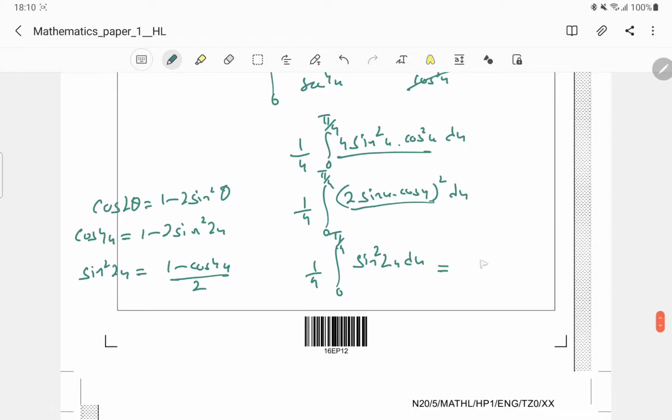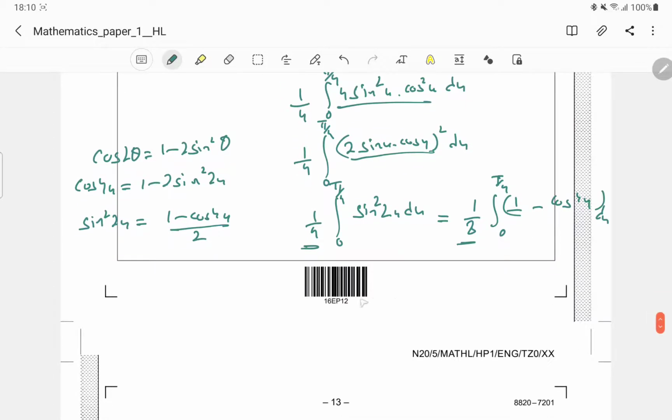So we'll directly put the values: 1 by 8, 0 to pi by 4, 1 minus cos 4u du. I just multiplied half with this 4, so it's 1 by 8. Now I just integrate this. The integration of 1 is u, and the integration of cos 4u is sin 4u over 4, and the limit is 0 to pi by 4, and 1 by 8 is outside this.